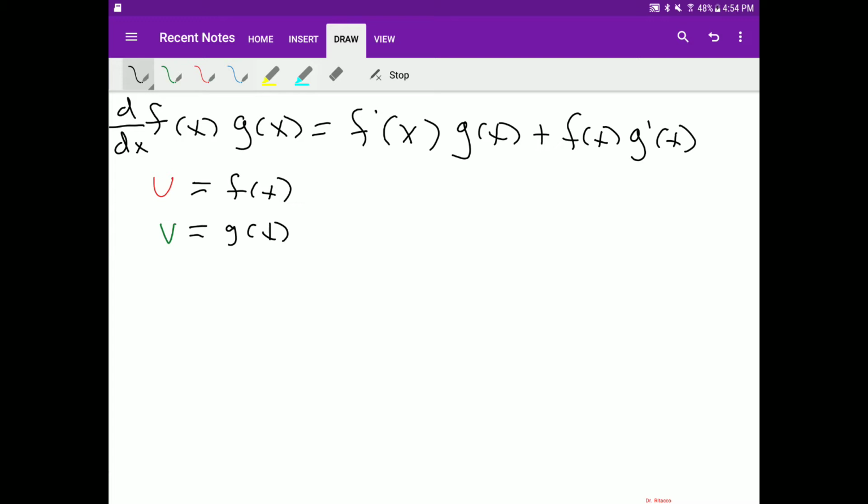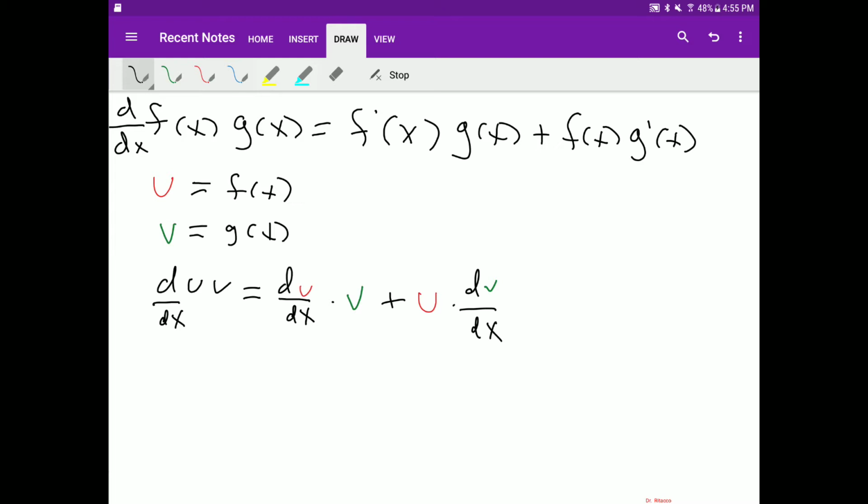So I'm going to rewrite this now, where we're looking at the derivative of uv with respect to x is equal to, now f prime would be u prime, but instead of writing u prime, I'm going to write du dx times v, to be clear, that's u prime times v, plus u times the derivative dv dx.